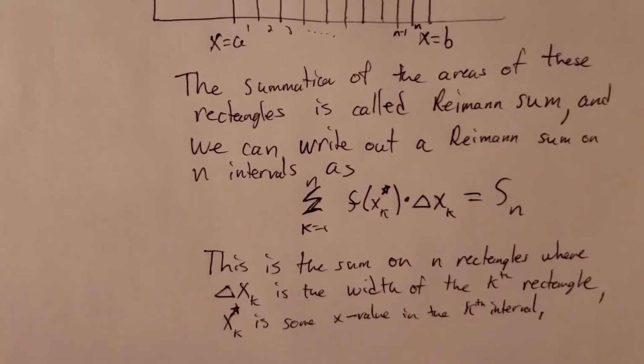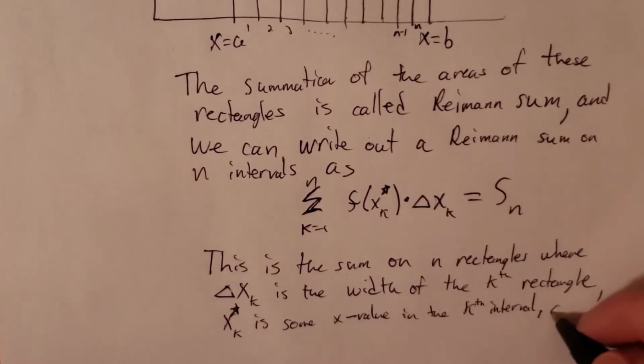Truthfully, though, we don't actually care whether we use the rightmost point, the leftmost point, the midpoint, or just some random point in between. So we just say x sub k star here to be some point. We use some point in each interval. It doesn't actually matter which one we use.